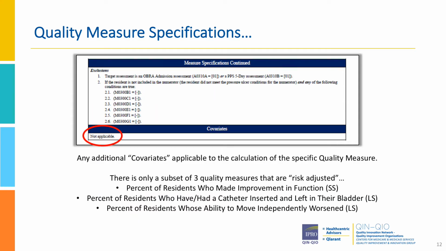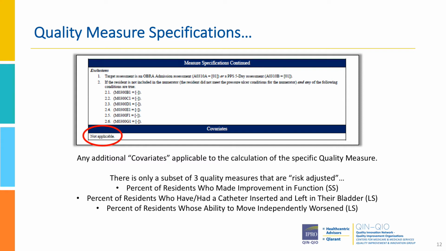This slide identifies the covariates section of the table. As mentioned previously, there is only a subset of measures that are risk adjusted. Those include the short stay measure for residents who made improvement in function, the long stay catheter left-in bladder quality measure, and the long stay quality measure for those residents whose ability to move independently had worsened.